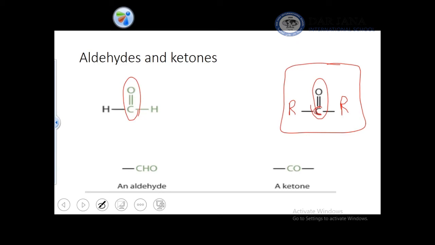In an aldehyde, at least one of the attached groups must be a hydrogen atom, and the other attached group can be hydrogen or another carbon group. The abbreviated or shorthand form of an aldehyde is CHO, and for a ketone it is CO.